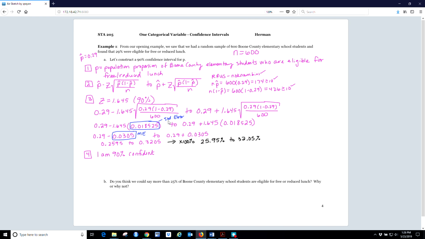So I am 90% confident that, and now I'm going to do my numbers, between 25.95% and 32.05% of, and now this is when step 1 is helpful, of Boone County elementary students are eligible for free or reduced lunch.